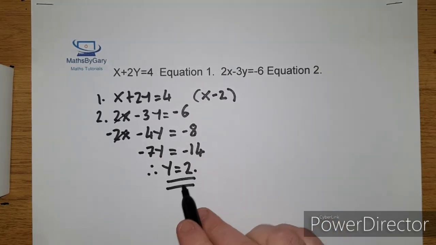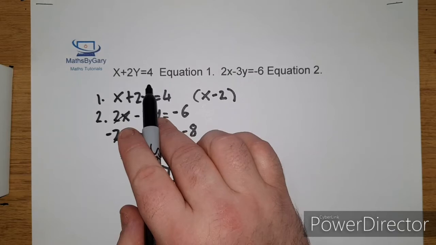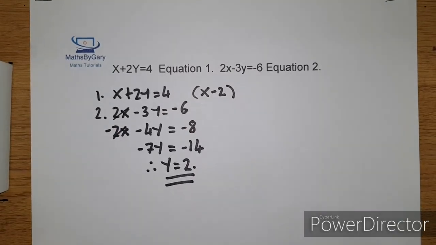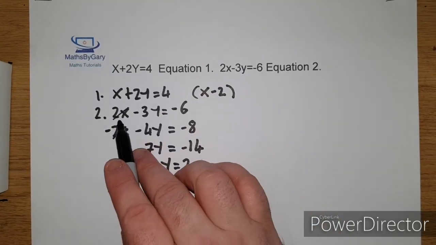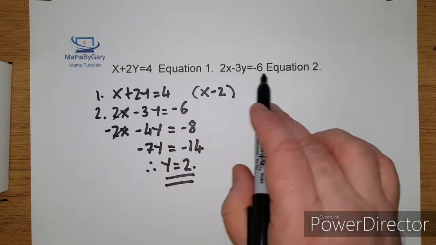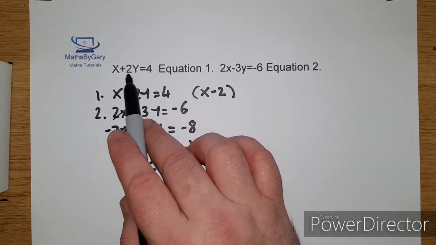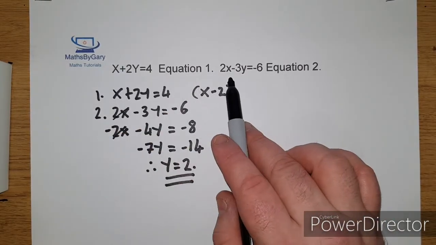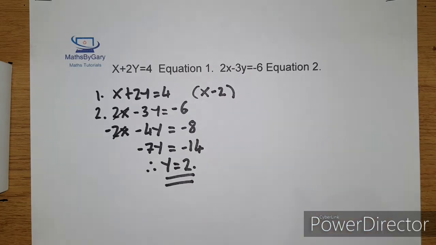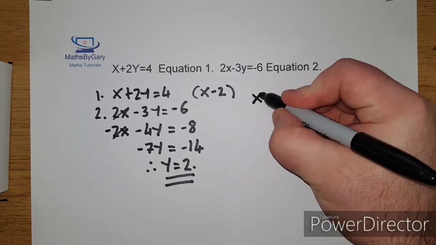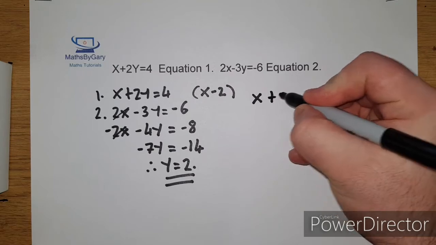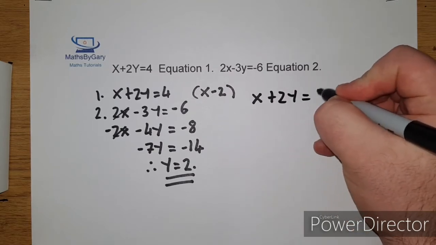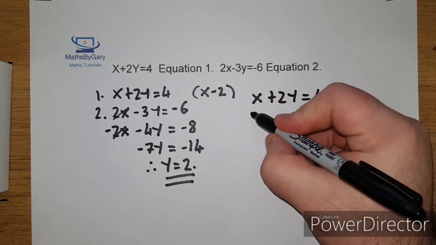So we know y is 2. So we go back to the original equation. Remember, we don't put y into the equation that we've changed, because the original two equations are x plus 2y equals 4 and 2x minus 3y equals minus 6. If we go to the first one, x plus 2y equals 4, we want to find x.